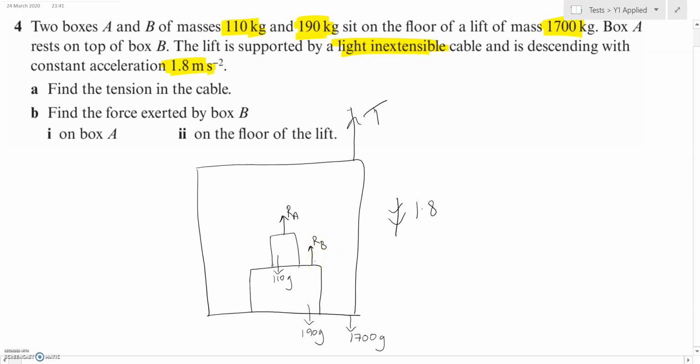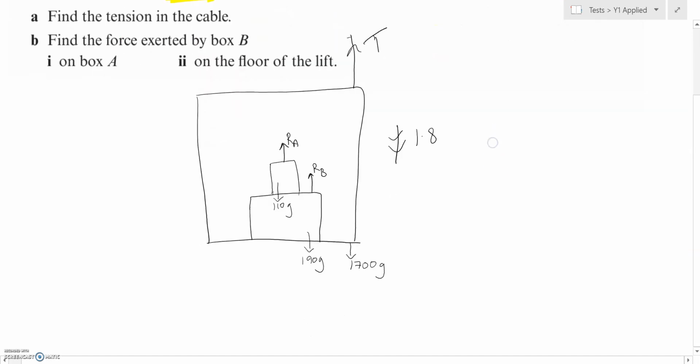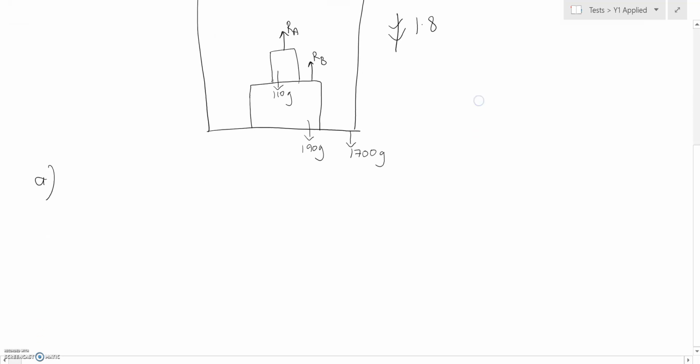Okay, now the question says, find the tension in the cable. When you do this kind of question, let's imagine that you treat the whole thing together as a system. So you've got the whole thing going down at 1.8 meters per second squared.